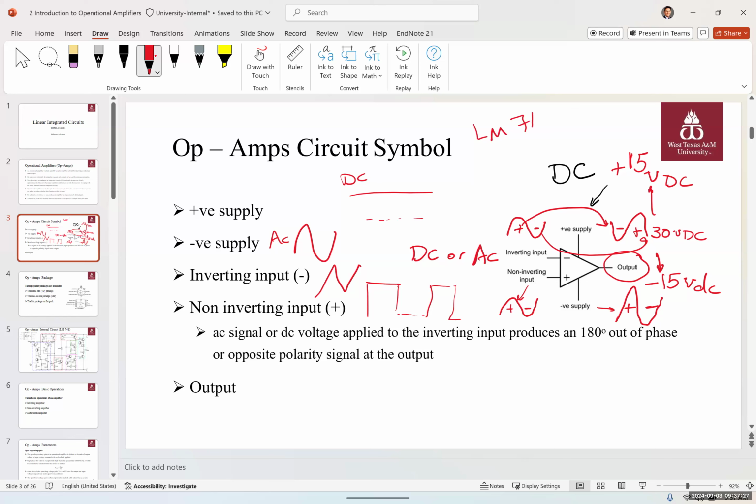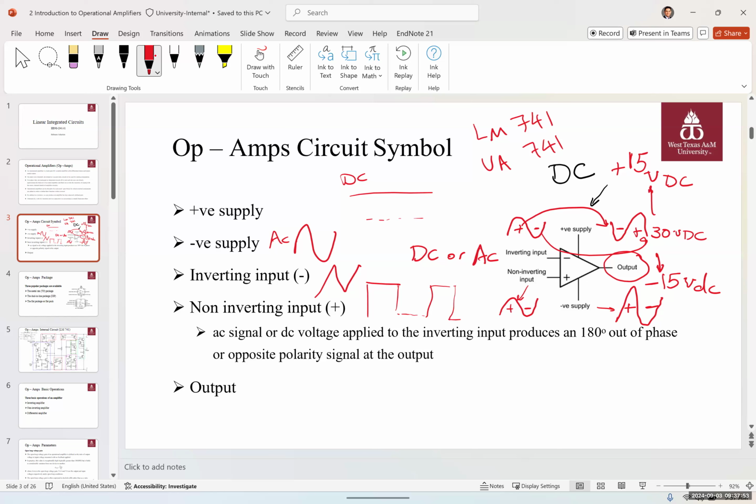The most popular op amp that we're going to use in this course is going to be the LM741, or the newer generation, which is called the UA741. The UA741 on top of these has other pins and terminals as well, but all the op amps have these 5 pins in common. Usually they have a positive supply, negative supply.